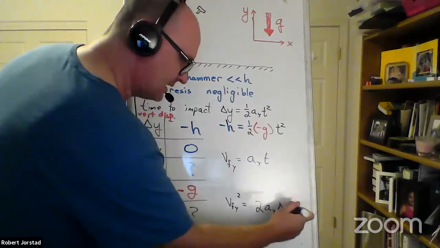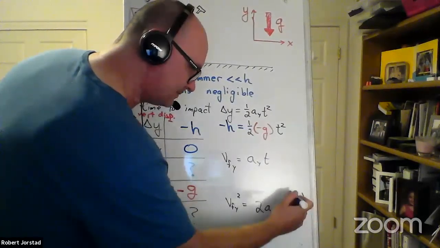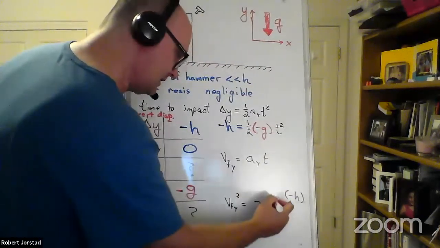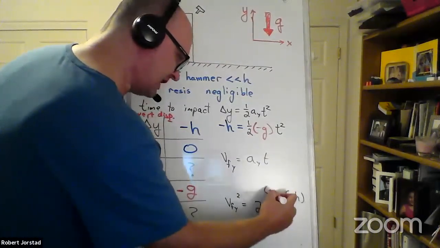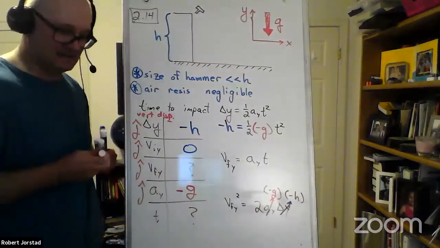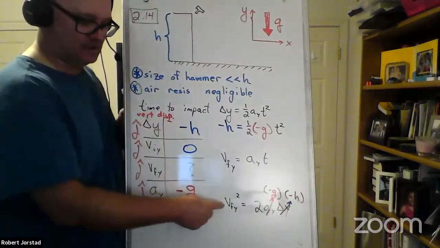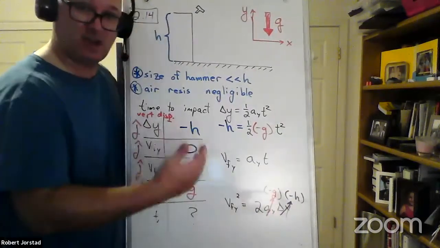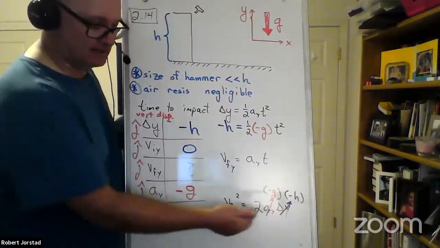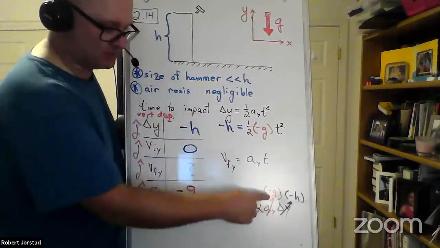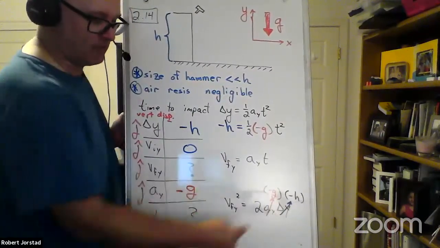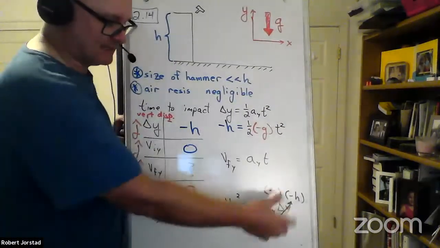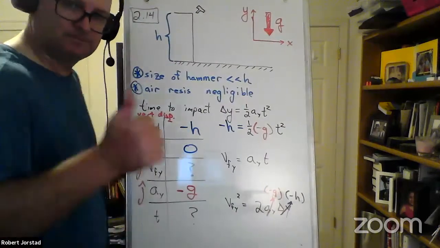This would be a negative H. This would be a negative G. And once again, notice that the final velocity squared, which should be a positive number, will end up being positive as long as you follow the rules that I'm telling you here, right? As long as you pay attention to the difference between G being a magnitude and AY being the acceleration, which can have the signs. The minus signs cancel. We get a positive number under that square root.